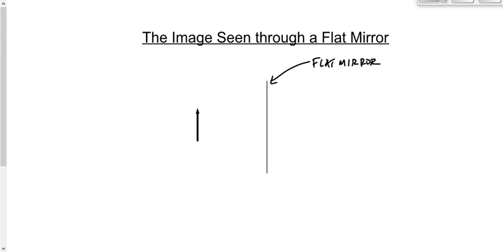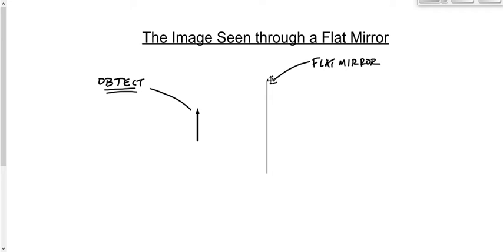How could we predict the characteristics of that image, just like we predicted characteristics of the image in a curved lens? Well, this arrow is going to represent you. This is the object. We're going to draw 4 rays coming from this object that are relatively straightforward.